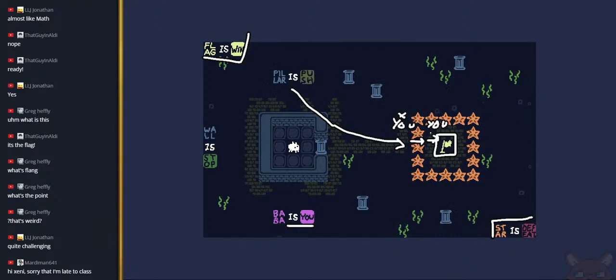So it has to be pillar. So you gather up a bunch of these, push them through.